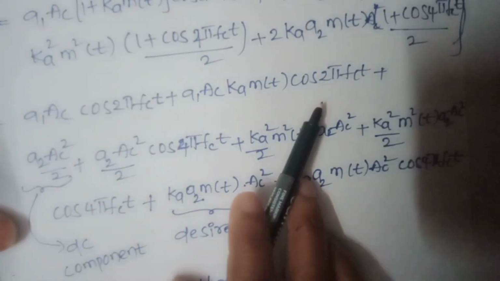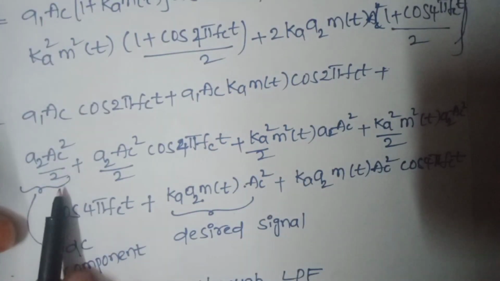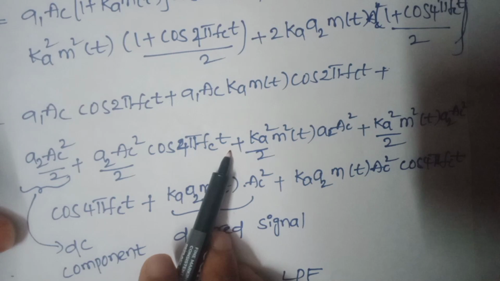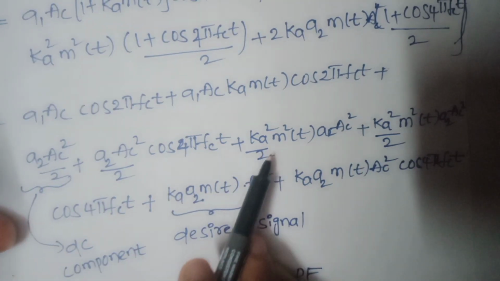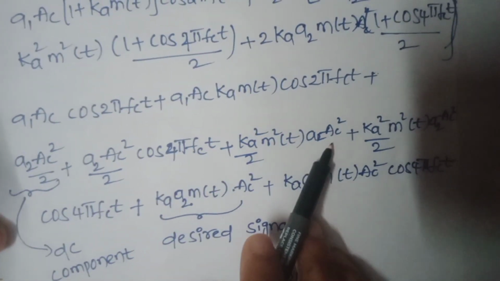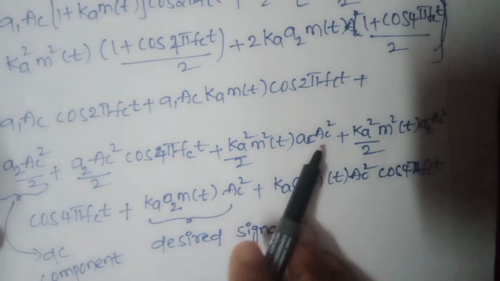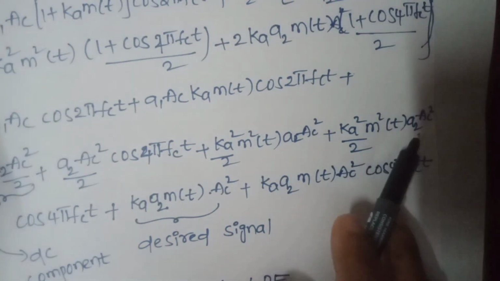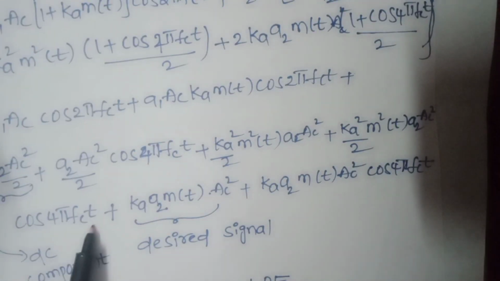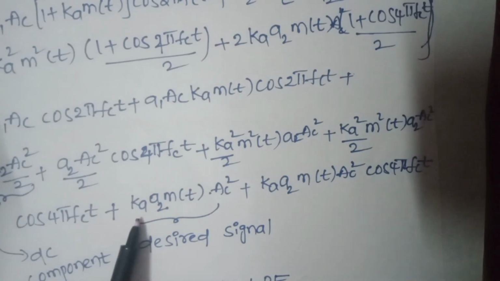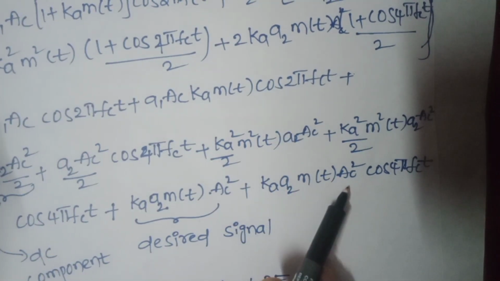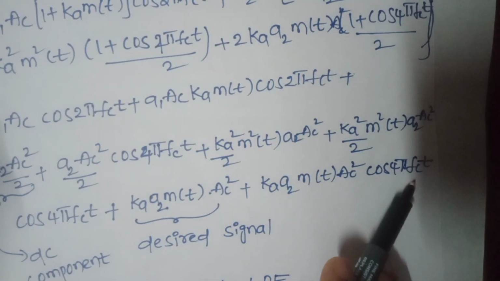Okay, next plus a2 ac²/2 plus a2 ac²/2 cos 4πfct plus ka²/2 m²(t) ac² a2 plus ka²/2 m²(t) a2 ac² cos 4πfct plus ka a2 m(t) ac² plus ka a2 m(t) ac² cos 4πfct.